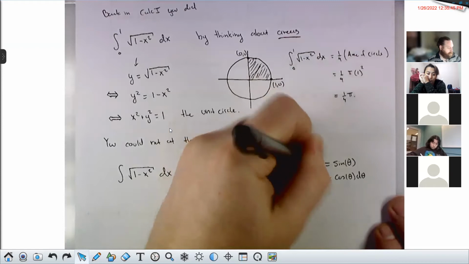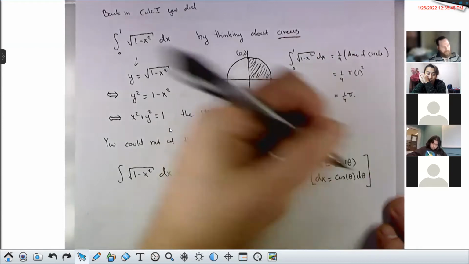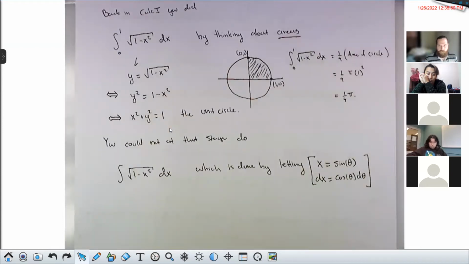This is a substitution, but it is kind of a backwards substitution because your new variable, which is theta, is over here inside the sine function on the right-hand side. Normally, we would substitute like z equals x squared or z equals 1 minus x squared. Your new variable is a function of the old variable, usually. These substitutions are backwards in the sense that your old variable is a function of the new variable.